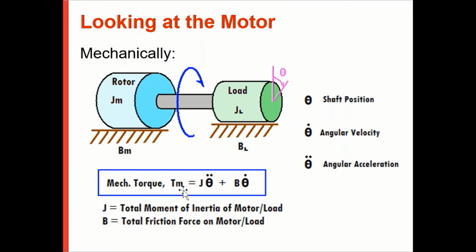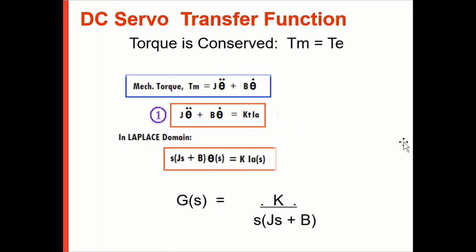So it's T, the torque on the motor, is equal to J theta double dot plus B theta dot. B theta dot is the load effect, and this is the moment of inertia of the main system with moment of inertia J. So we can get this simple equation here that Tm is J theta double dot plus B theta dot.